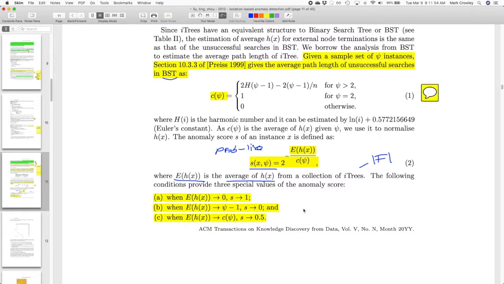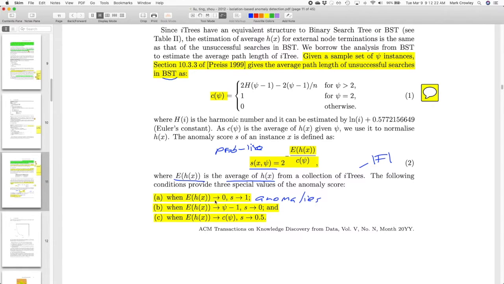And then the way they use their algorithm in terms of thresholding is that if this expected value, the average of these depths, goes to 0 as the height of some data points, then your score goes higher, right? So the anomaly score is high for anomalies.